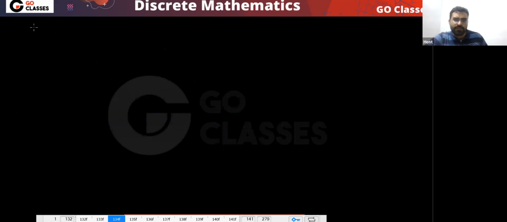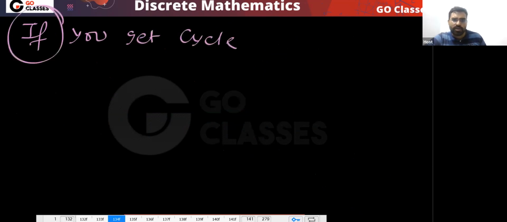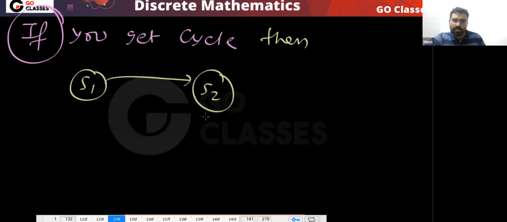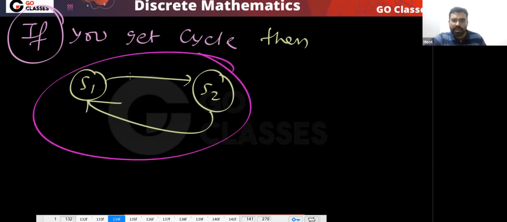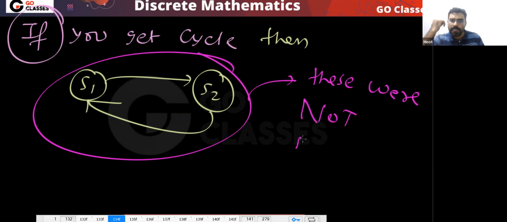Now, by chance, if you get a cycle, let's assume this type of cycle, then what is the problem? It means these were not maximal.